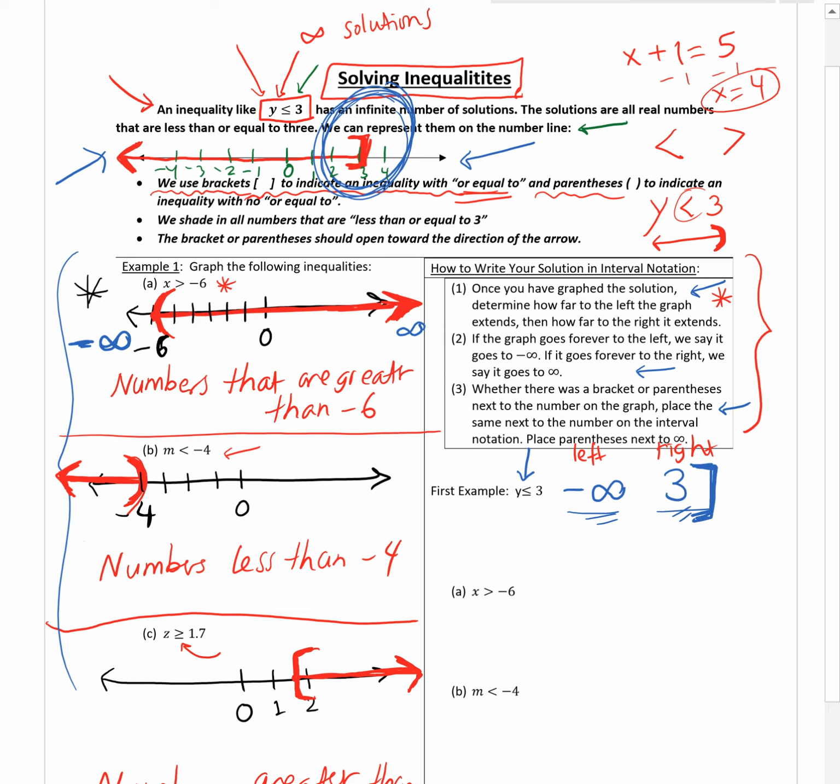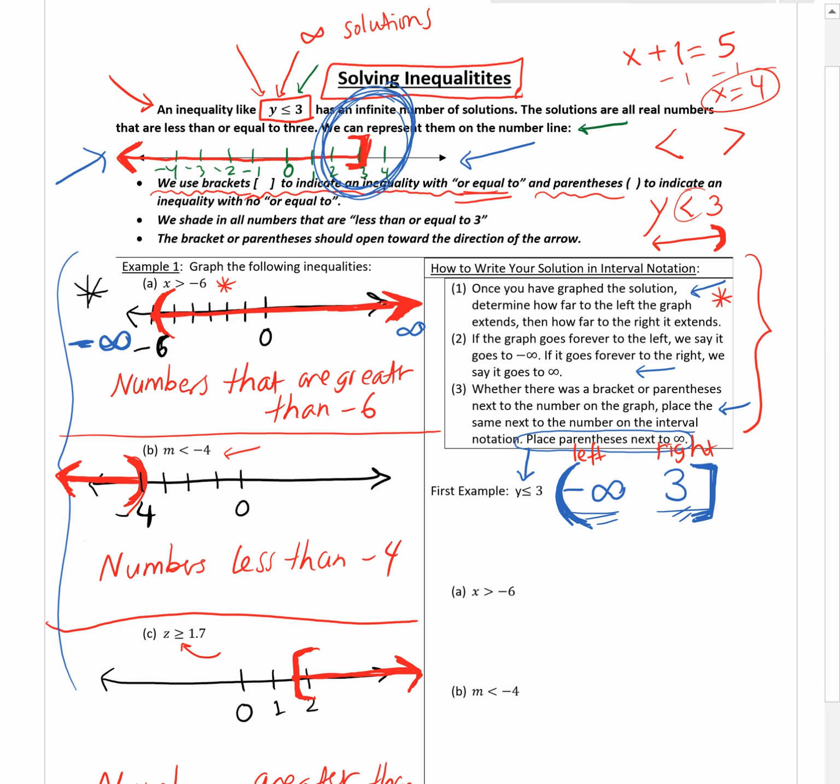Okay, so we got that. And if it was a parenthesis, I'd write a parenthesis, but just copy whichever bracket or parenthesis was on the graph. Once you do that, the last thing is to place parentheses next to infinity. So the number might have a parenthesis, it might have a bracket, but infinity always has a parenthesis. So it should look like that.